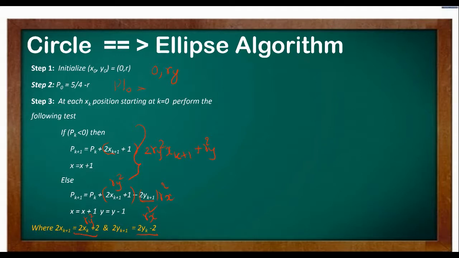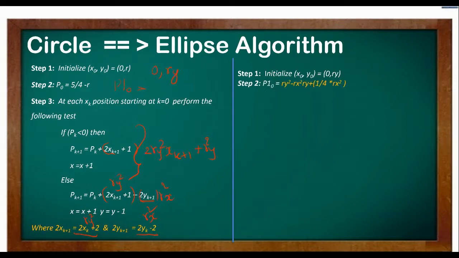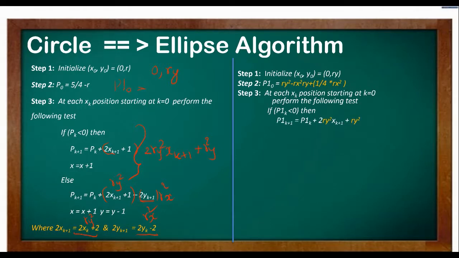So let us see the algorithm now. Initialize x naught, y naught is equal to 0 comma ry, and p1 naught is equal to ry square minus rx square ry plus 1 by 4 rx square. Then the iteration step: if p1k is less than 0, the same thing we worked out here, you can just check it out. p1k plus 1 is equal to p1k plus 2 ry square xk plus 1 plus ry square.